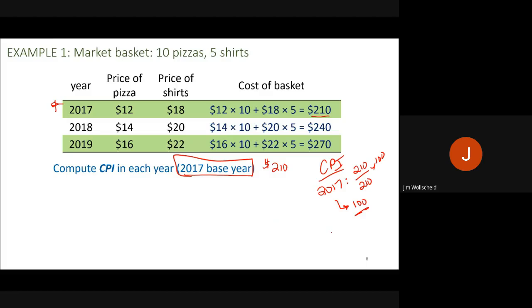So you do 2018. You take 240 over 210, multiply by 100. That gets you 114.3. And you would do the same thing for 2019. I would do 270 over 210 times 100.